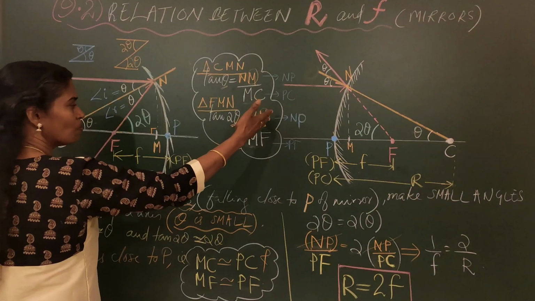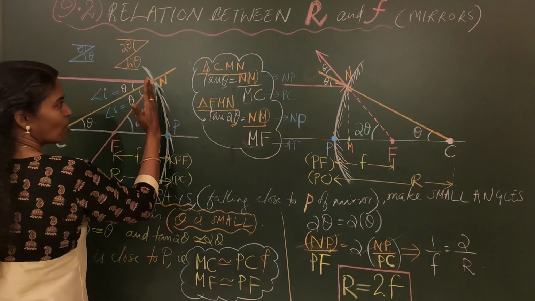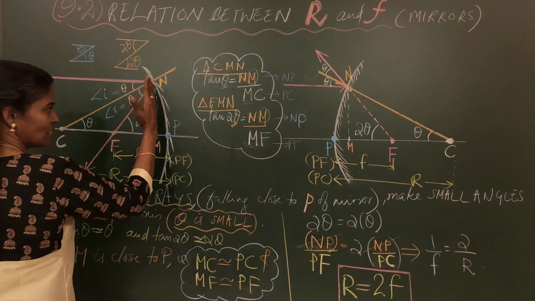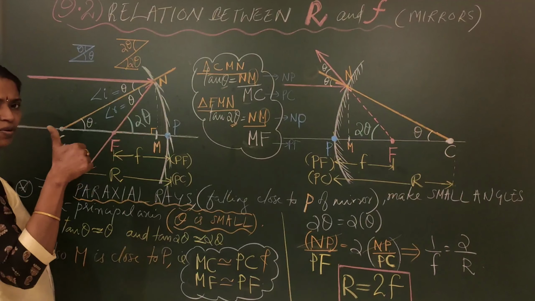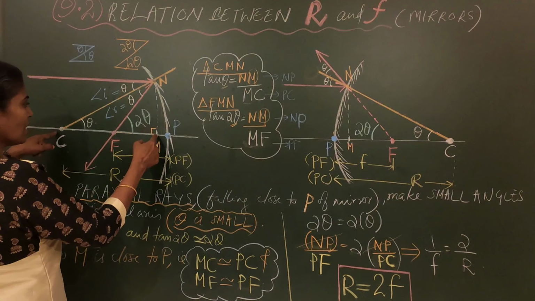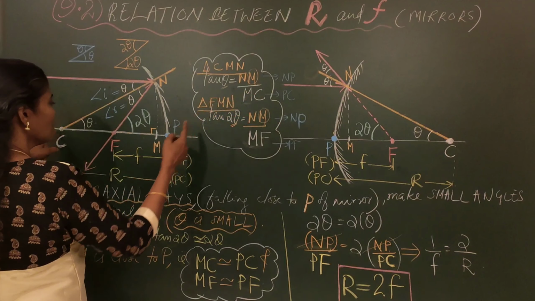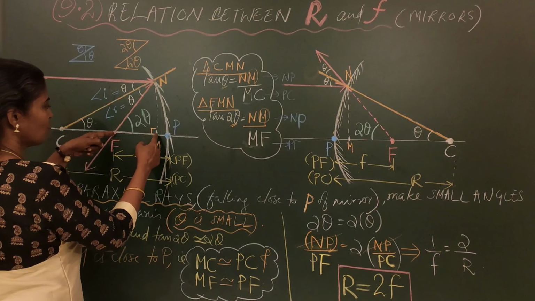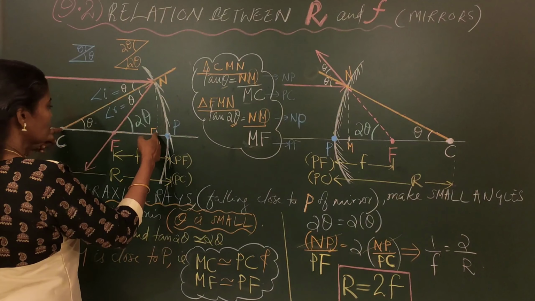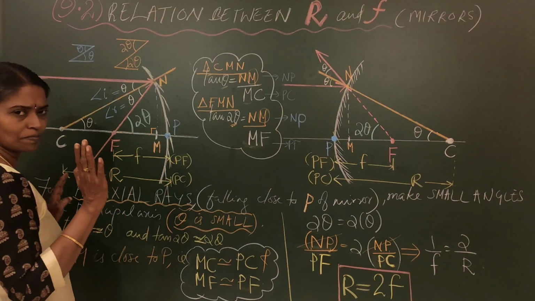Both of them have opposite as MN or NM, whatever it is. Suppose NM, divided by adjacent sides, which will be different. For theta it will be MC. For 2 theta it will be MF. This is for 2 theta. This is for theta. Clear?